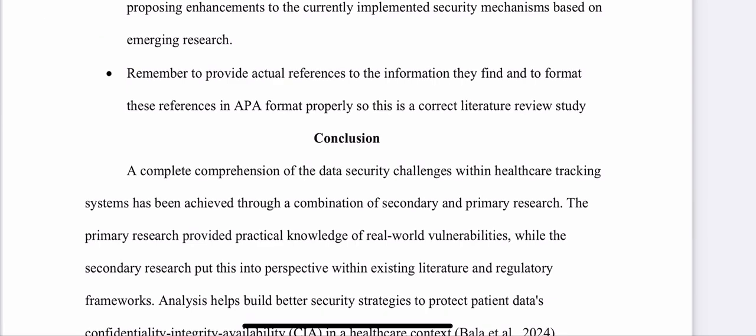Remember to provide actual references to the information that they find and to format these references in APA format properly. So this is the literature review study.